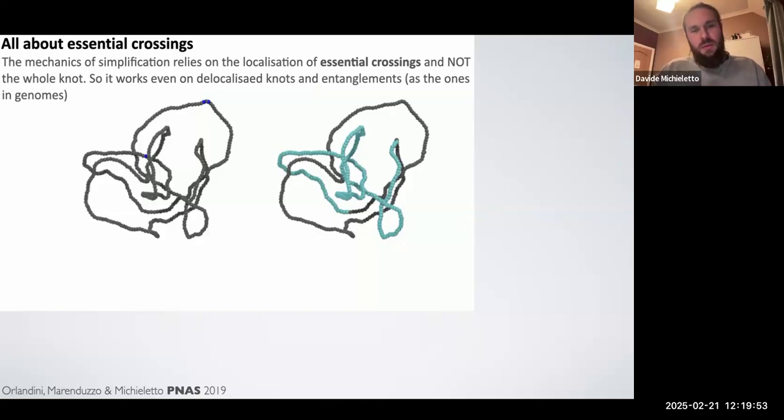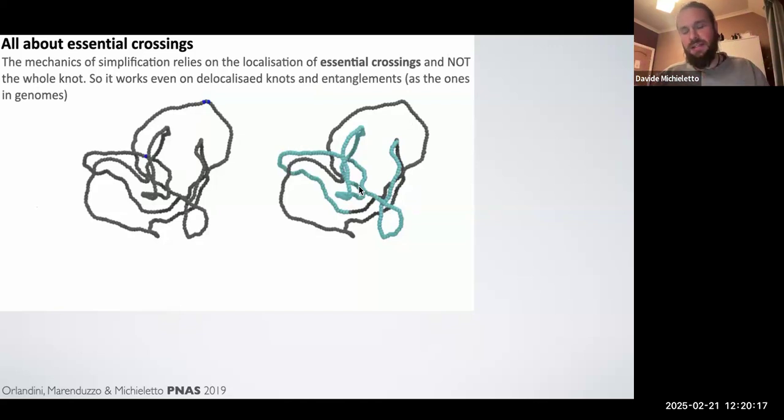So what I did here was a simulation where I have multiple loop extruders. On the left-hand side you will see 2 loop extruders, and the polymer is knotted. On the right-hand side, the cyan part is the shortest arc that you can define as knotted, by essentially cutting it and joining the ends.